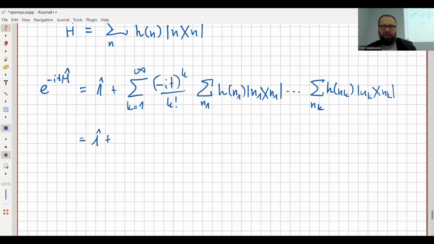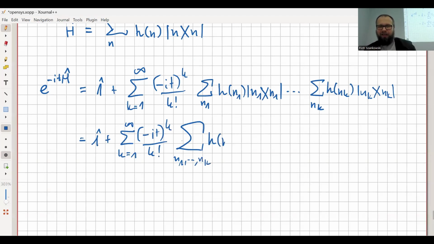But now obviously the sums can be gathered together. So let's take a huge sum over all the n's, n1 to nk, we have all the eigenvalues, and then we have projectors, where one goes to the other.